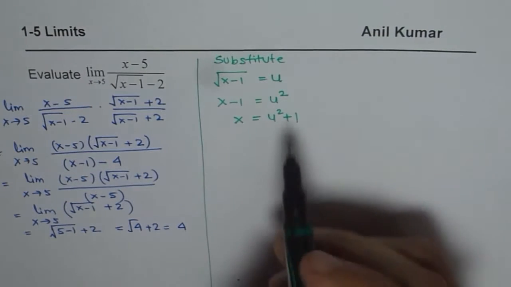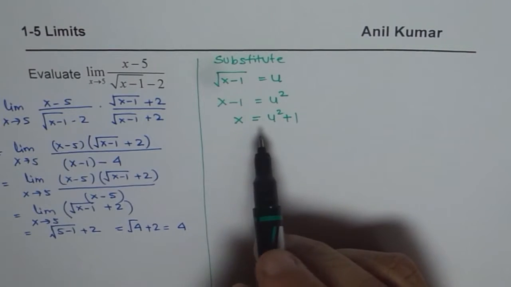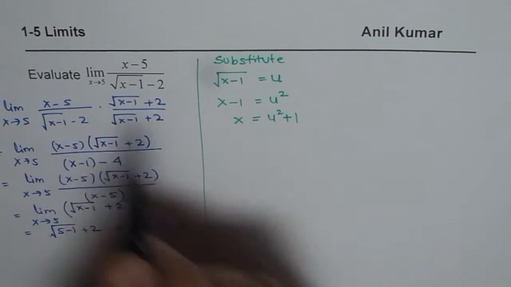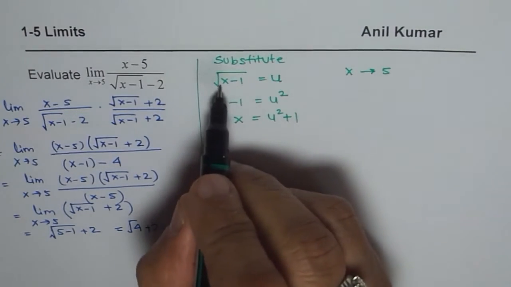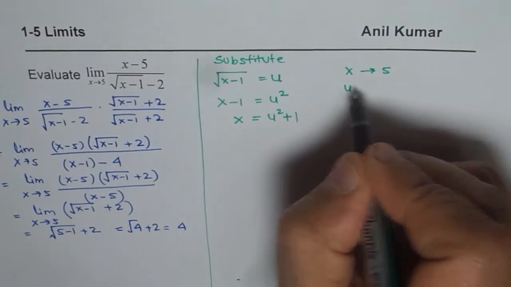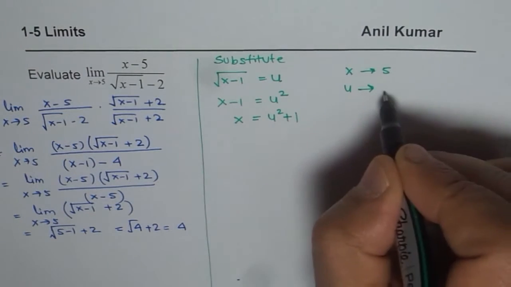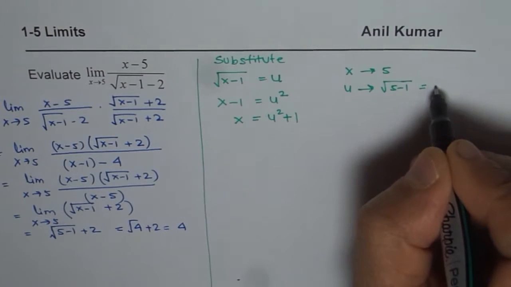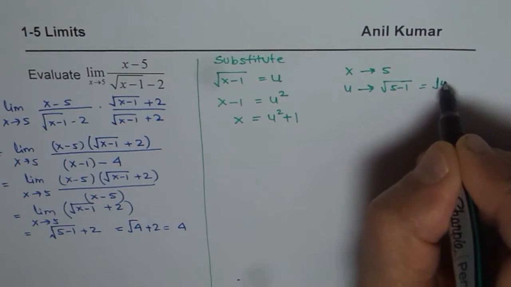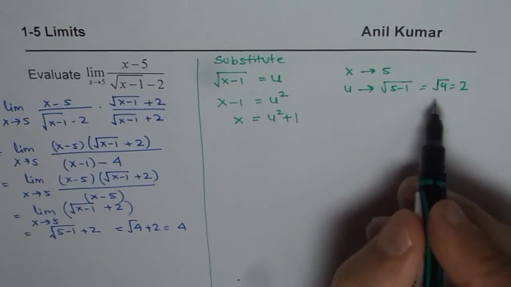So in substitution, first thing is you substitute by a different variable. Then you have to also look for the limit. So here when x approaches 5, u will approach what? Now u is square root of x minus 1, right? So u is approaching square root of 5 minus 1, which is square root of 4, which is 2. So that is the change in the limit.